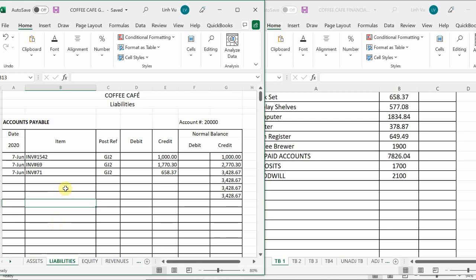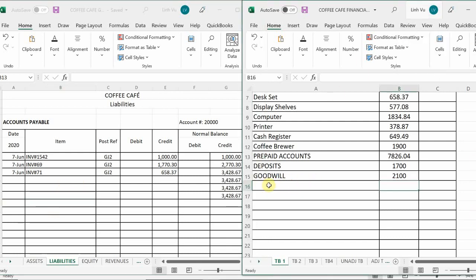Did we incur any liabilities? In this case, yes, we did, right? We opened up our accounts payable account, right? And that means we need to be on the credit side this time because I have a credit balance. Now let's take a look at as of June 7th.